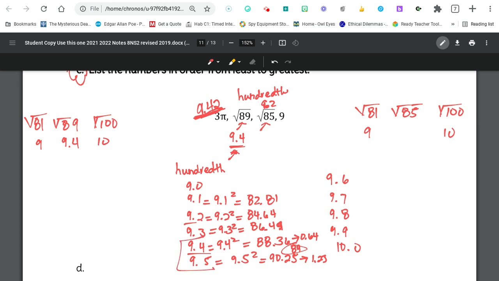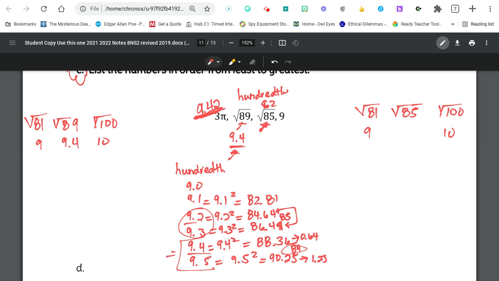I know the square root of 89 lies between 9.4 and 9.5. So I'm going to get rid of all this, I didn't need it, because 85 was in between 9.2 and 9.3. So it can never be greater than 9.4, 9.40, anything. So I'm not going to worry about this one again.